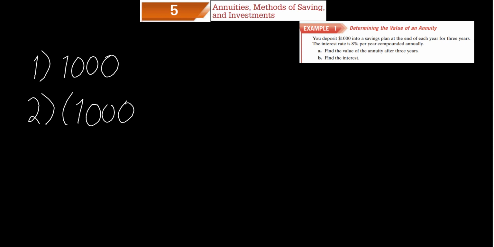Alrighty, so after year one, we're going to put in $1,000. It hasn't been in there for a whole year yet, so it doesn't get compounded. Year two, it does get the 8%. So it's going to be $1,000 times 1.08, which is $1,080, and then we also deposit $1,000 more because it's the end of the year.